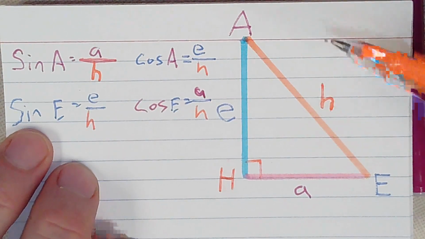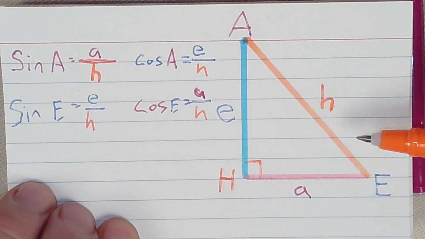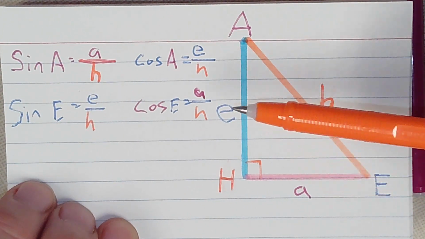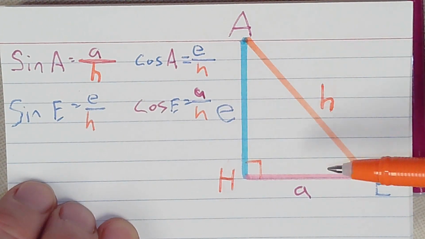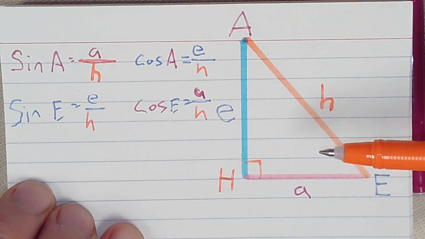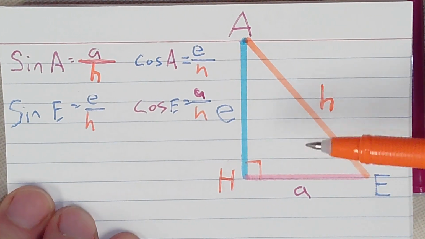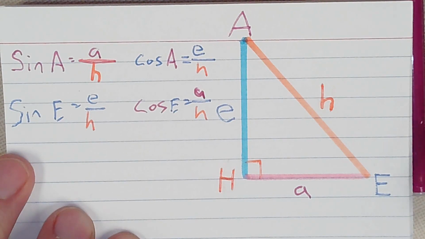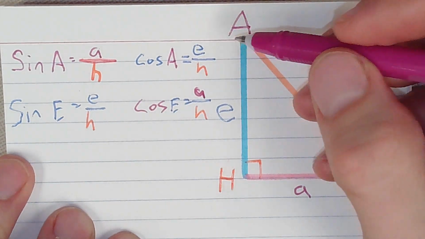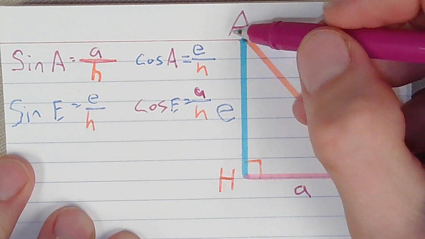But we don't always have to use the hypotenuse. We can use the adjacent and the opposite of each other. That's called the tangent. Say we're using this angle.